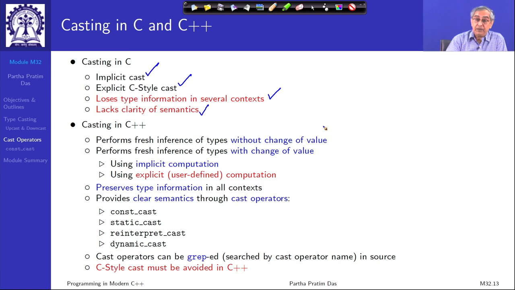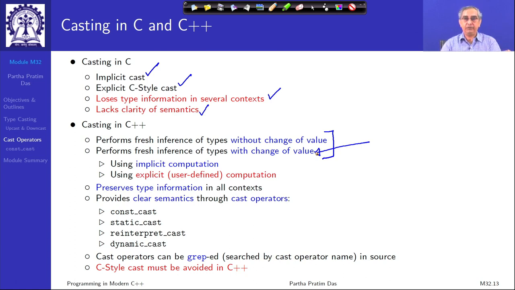Now, in C++, first what you will have to understand is there is casting which does fresh inference about that object without actually changing any value. It is not changing any value, but it is just making new inferences about the properties of that object. There are castings of that type, and of course, there are castings of the original form that we were saying, where they actually make fresh inferences with changing the value.